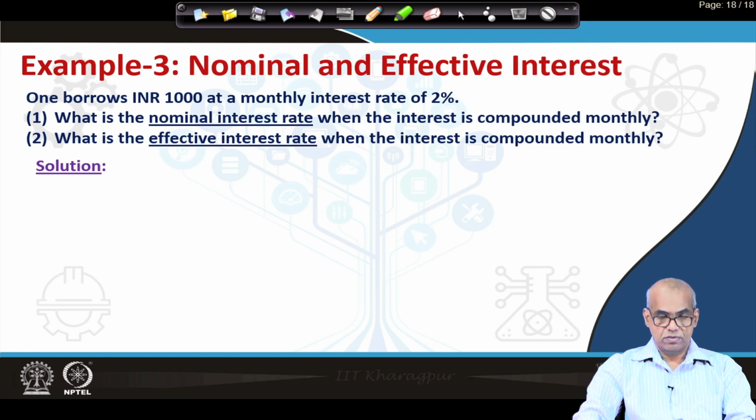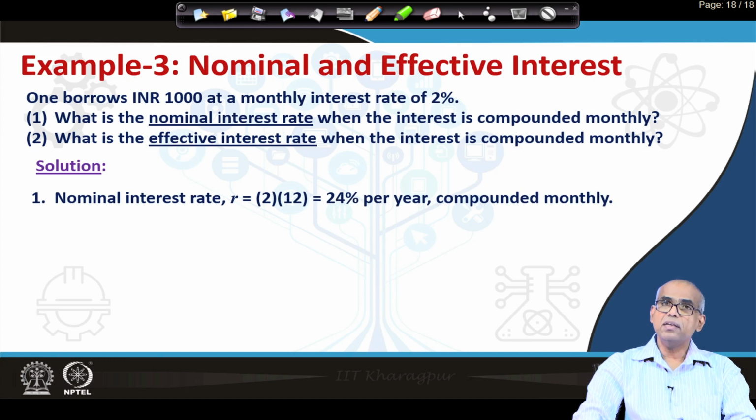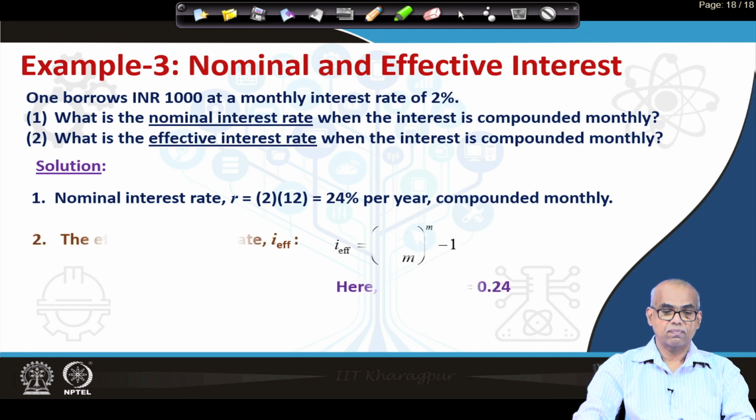Nominal and effective interest. One borrows rupees 1000 at a monthly interest rate of 2%. What is the nominal interest rate when the interest is compounded monthly? And what is the effective interest rate when interest is compounded monthly? The nominal interest rate is r equal to i into m. So, 2 into 12 is 24% per year compounded monthly.